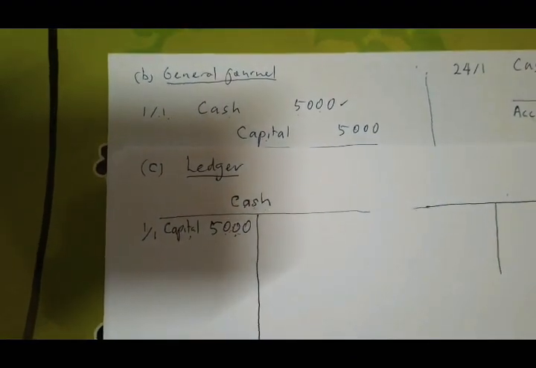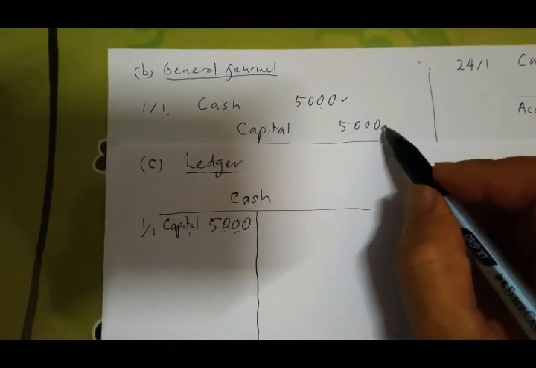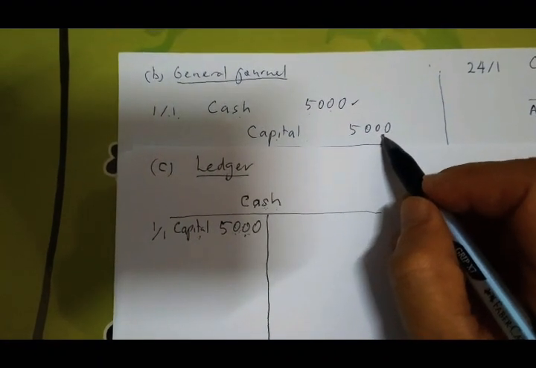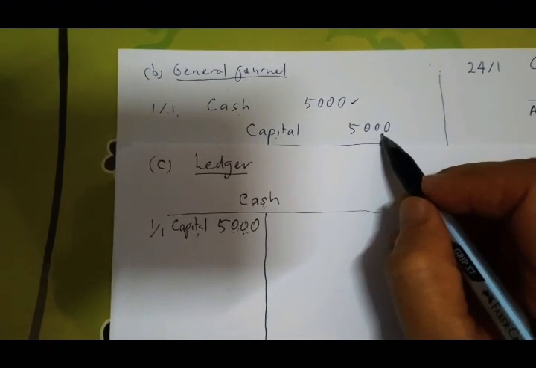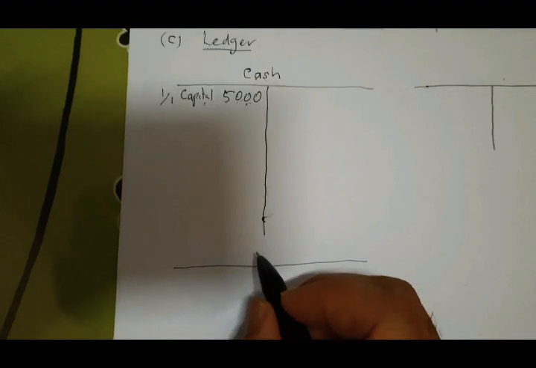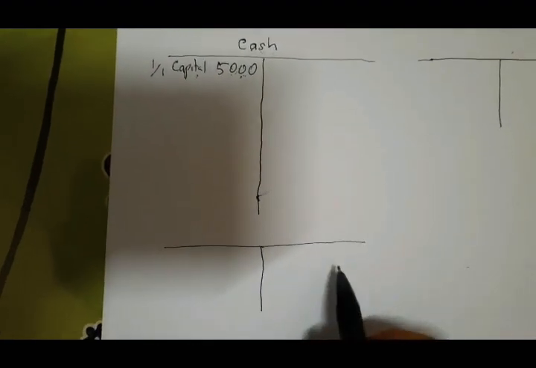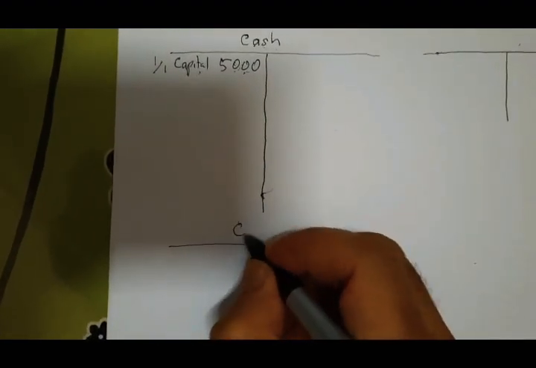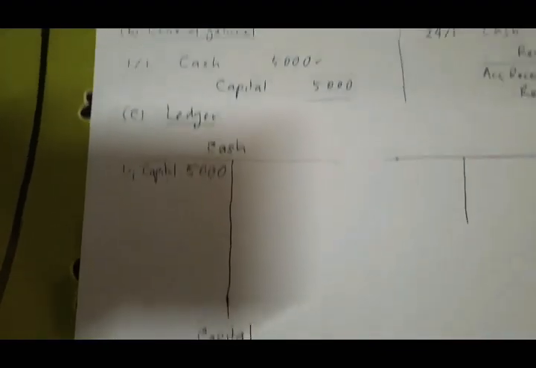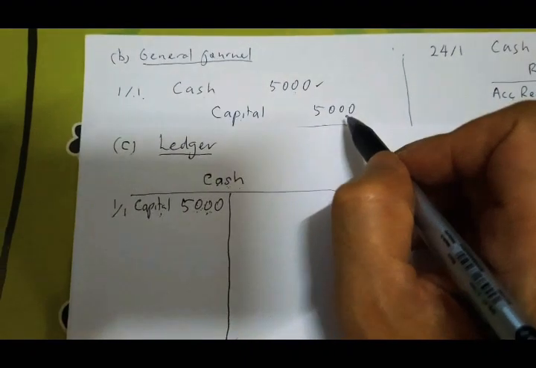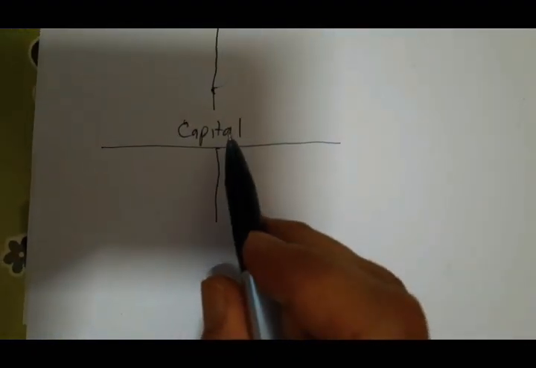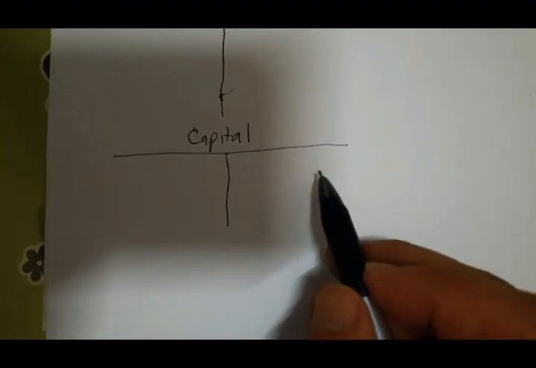The second thing in the journal is credit account capital 5,000. When you see credit account capital 5,000, you have to create an account for capital. It is a T account. You give the account a name, account capital. So here, credit account capital 5,000. This is the credit side.